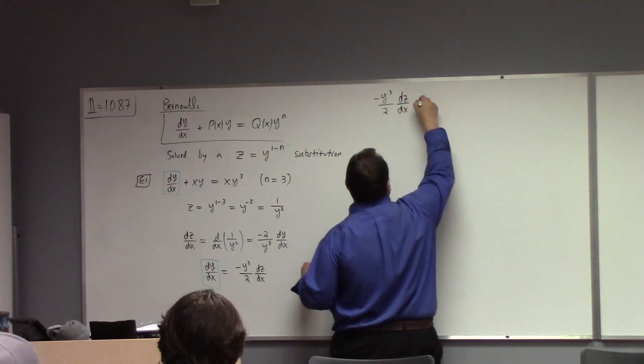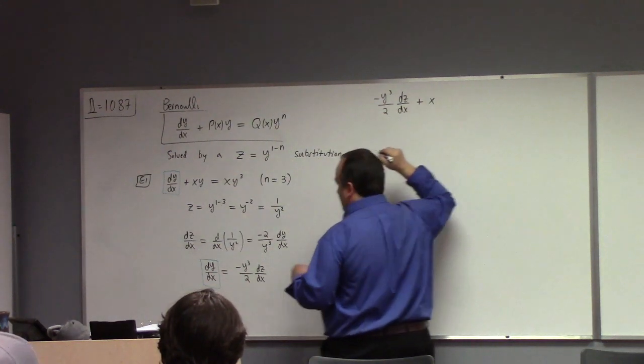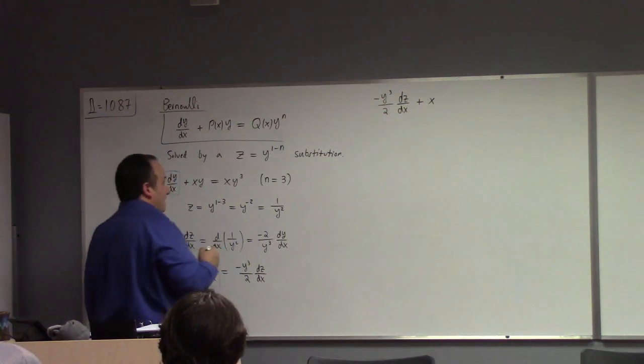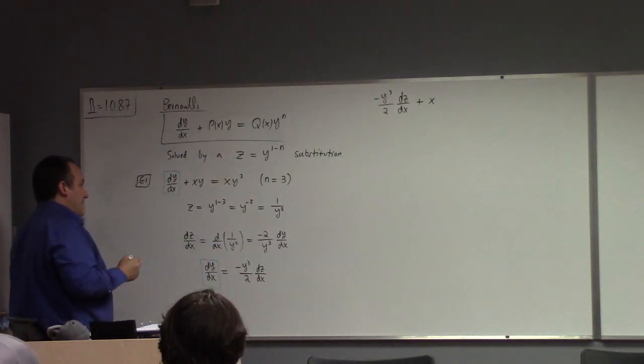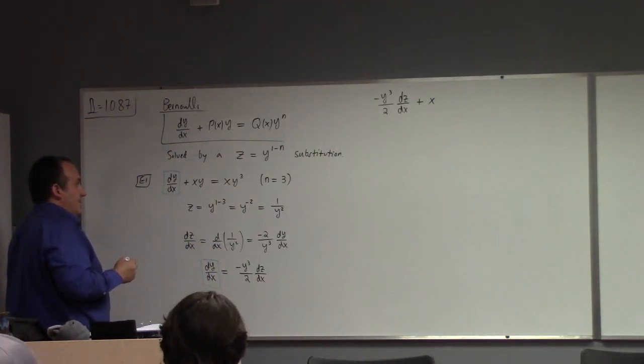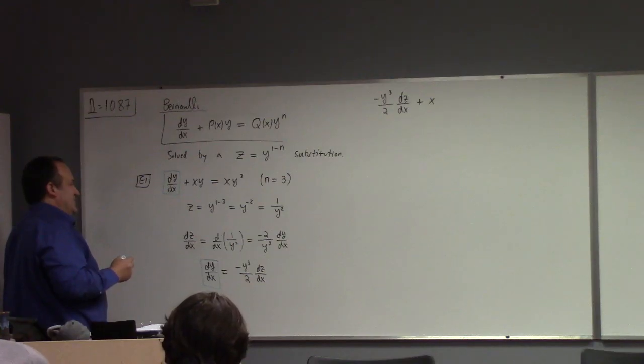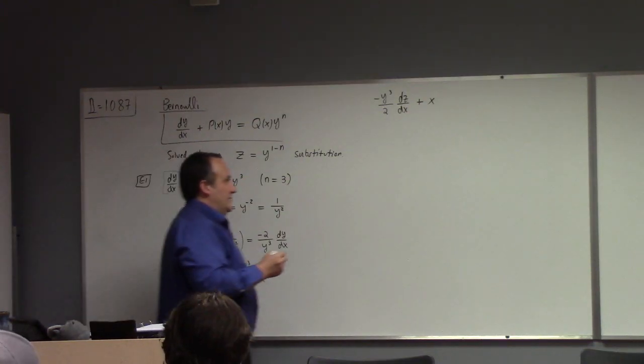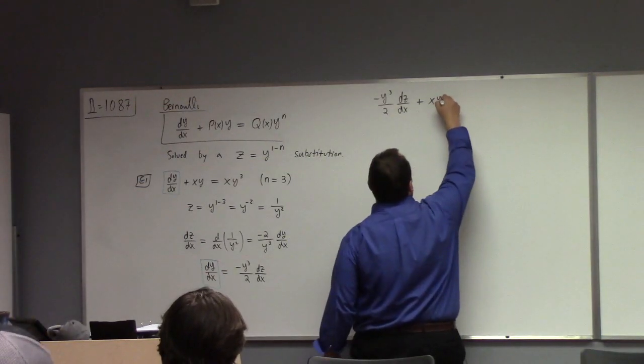All right, plus xy. But what's y equal to? Ooh, see, I don't like that. Yeah, let me leave it as xy for the moment. I'll show you why. I don't want to deal with square roots.